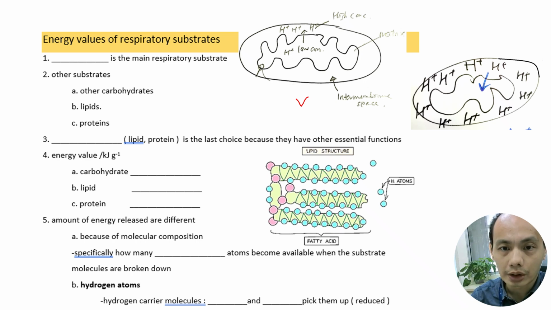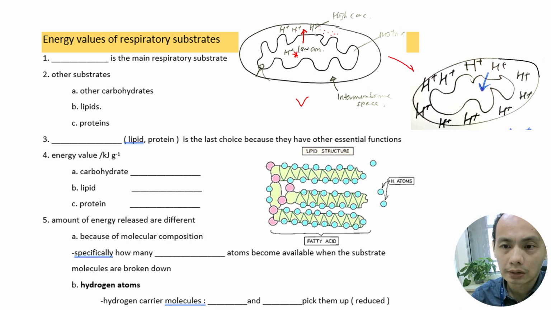So you look at the hydrogen here. The hydrogen ion in the matrix will be pumped into the intermembrane space. Pump in, ATP is being used, energy is being used, okay? So at the end, they will have a high concentration of hydrogen ion in the intermembrane space, right?